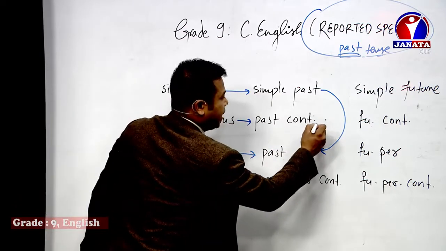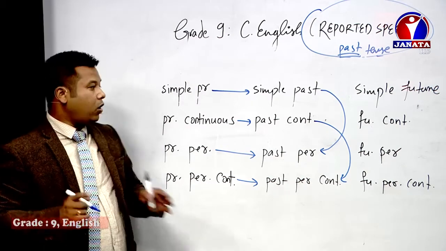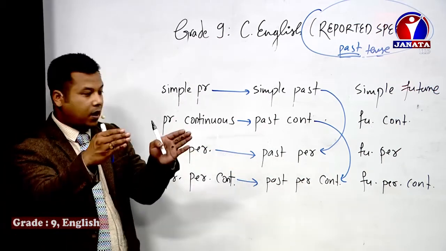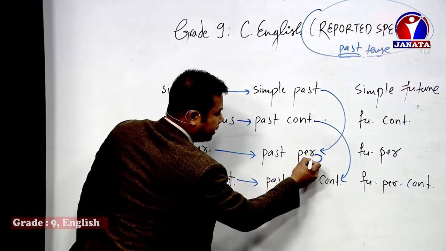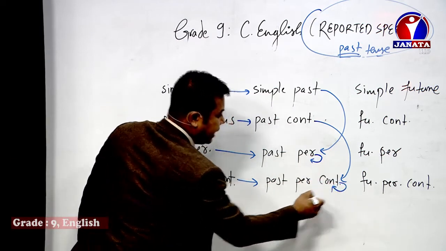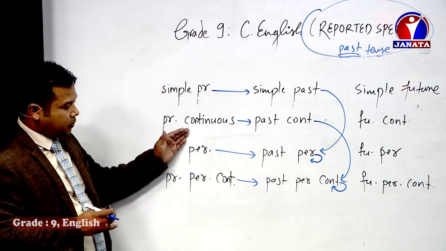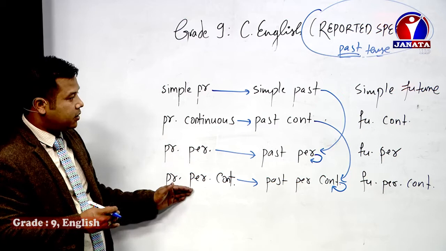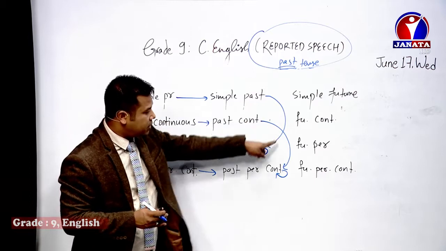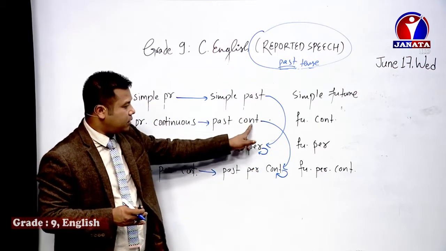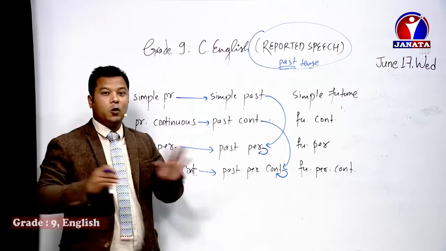And when it is past continuous, that changes into past perfect continuous. What about if the speech in the quote marks is already past perfect and past perfect continuous? They do not change, they remain the same. Remember once again, all present variations change into their respective past structures. When it is simple past, jump one step further, go to past perfect. When it is past continuous, go to past perfect continuous. And if they are past perfect and past perfect continuous, no changes at all.